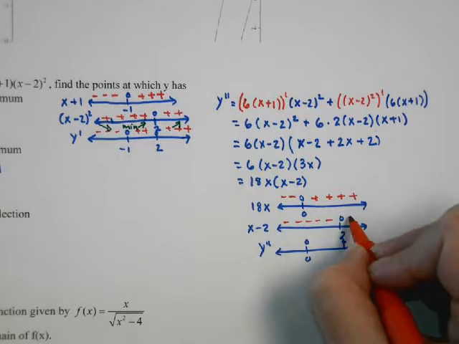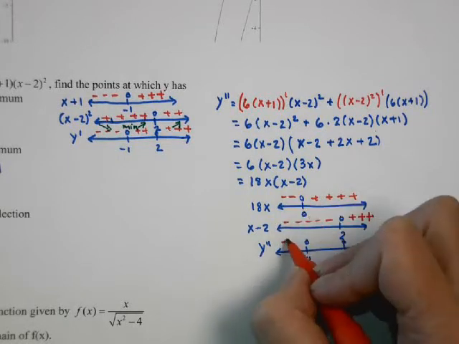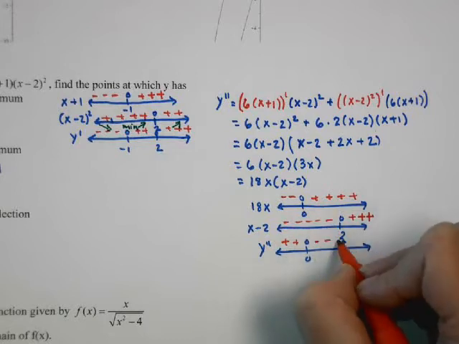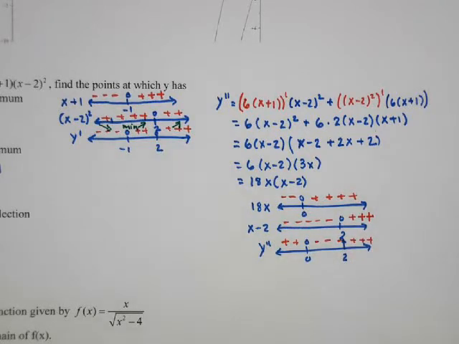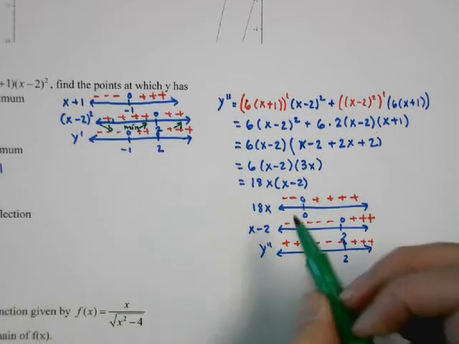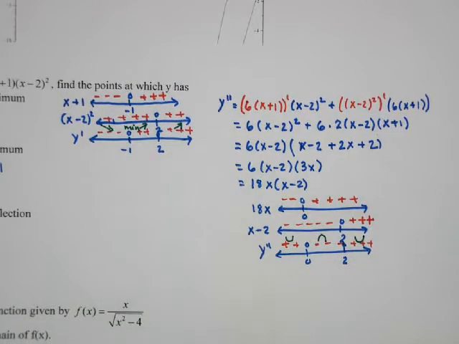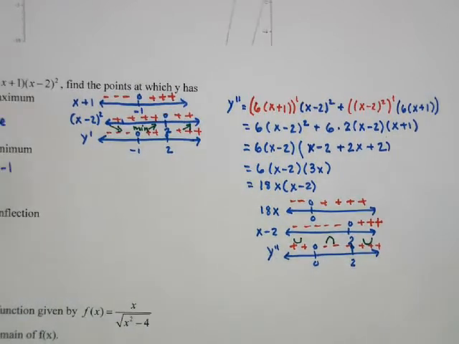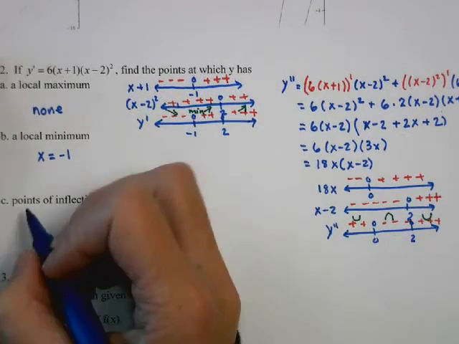This one's going to go from negative to positive. So positive times negative is negative. Positive times positive is positive. So this one is concave up, concave down, concave up, which means there are 2 points of inflection, one at 0 and one at 2.